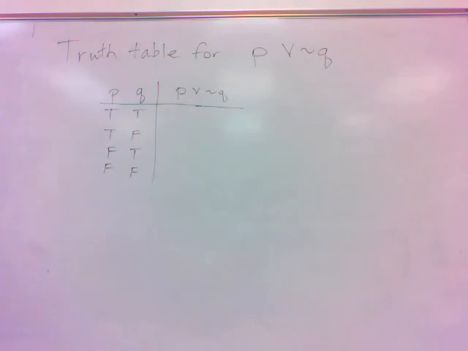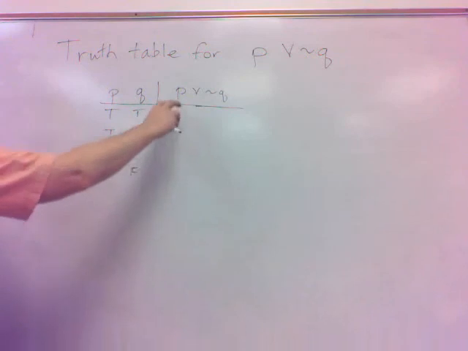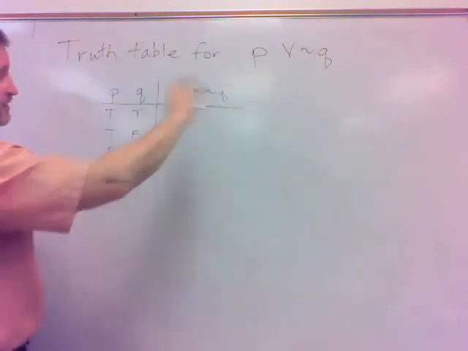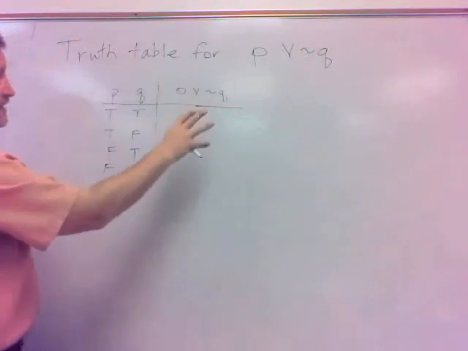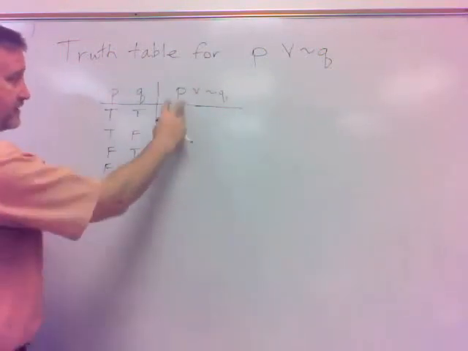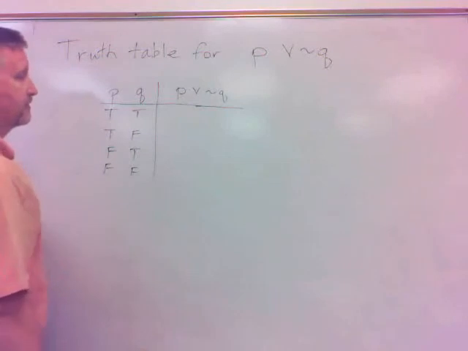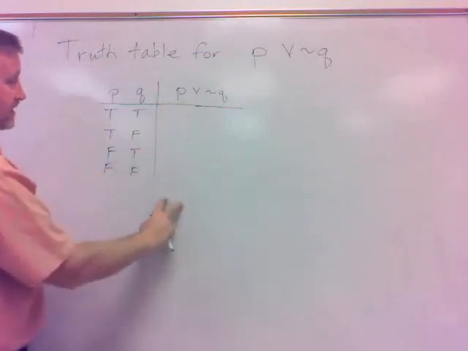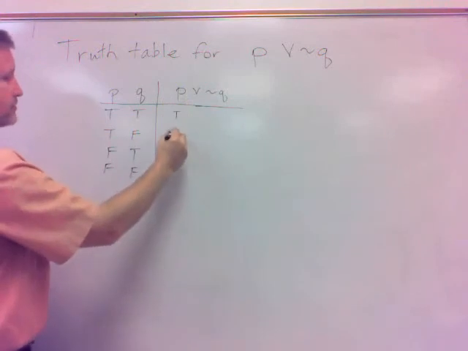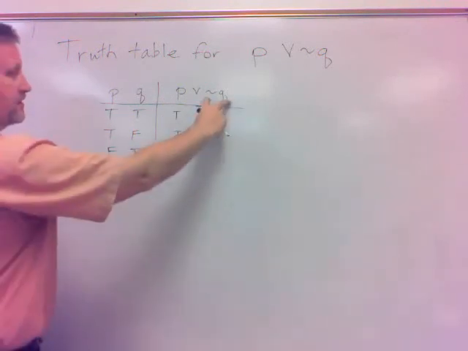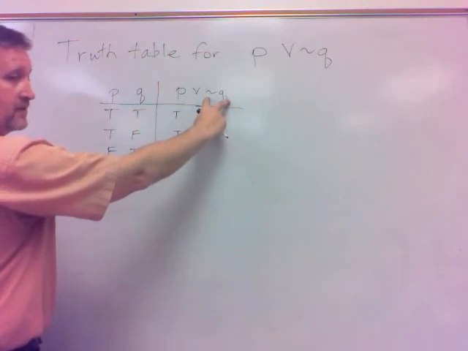All right, let me show you this. May not be totally necessary on this one, but here's how I like to work these. I like to see it because we'll get more complicated statements with 3 or 4 different parts, and it just helps, I think, to see each part listed out underneath the component parts. All right, here's what I mean. Under P, I'm just going to make a copy of the P column. So it's got true, true, false, false. And then underneath the not Q, what does that mean?